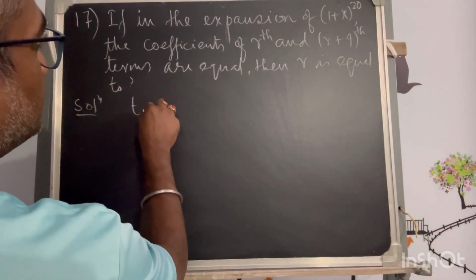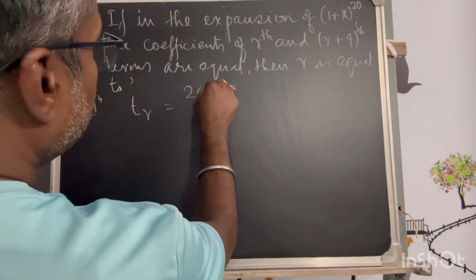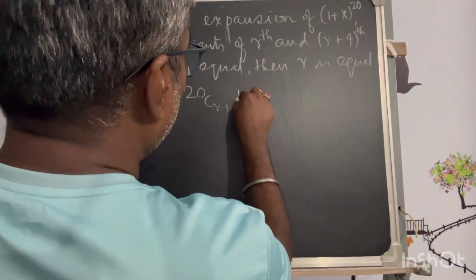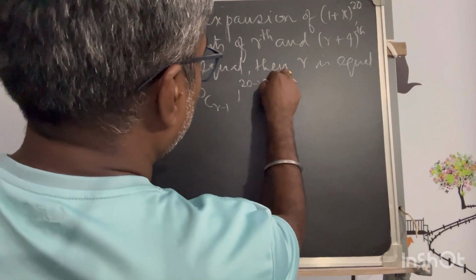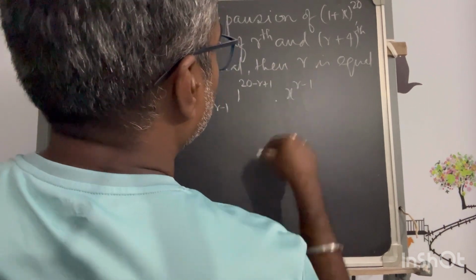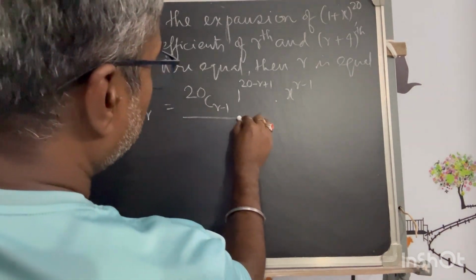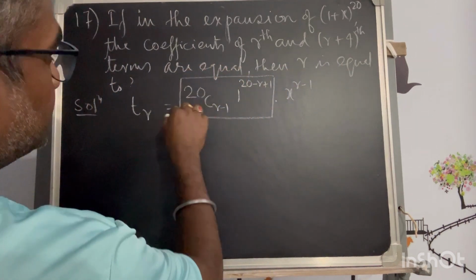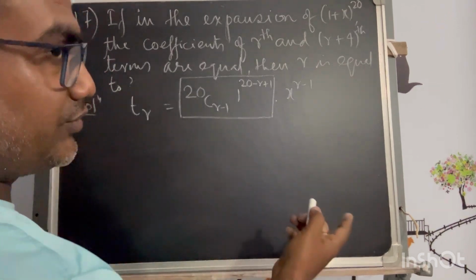So what you know about the rth term: tr is 20C(r minus 1) times 1 to the power 20 minus r plus 1, times x to the power r minus 1. We are only talking about the coefficient. The coefficient should contain whatever is constant. Here it is 1 only, so it will not affect anything.